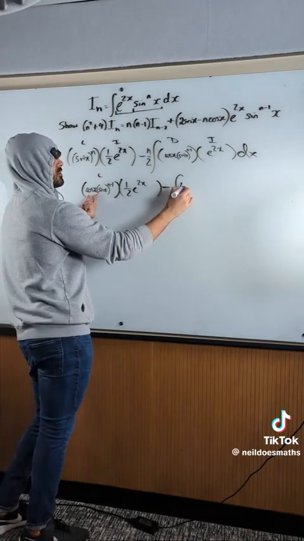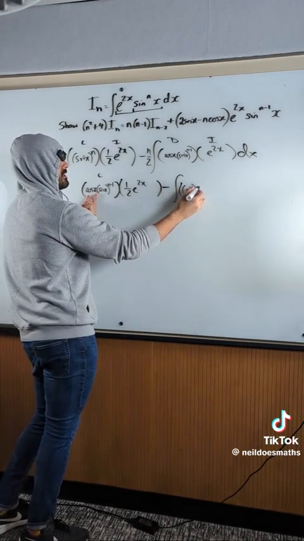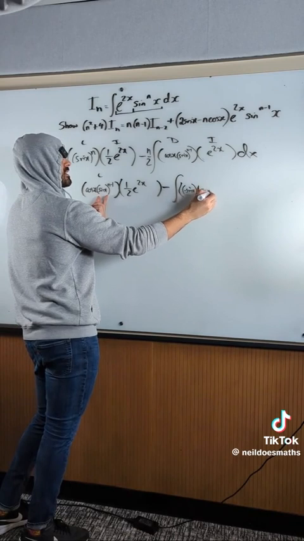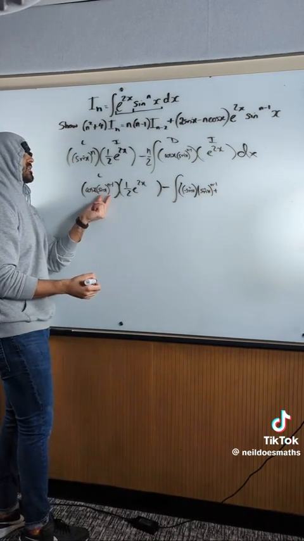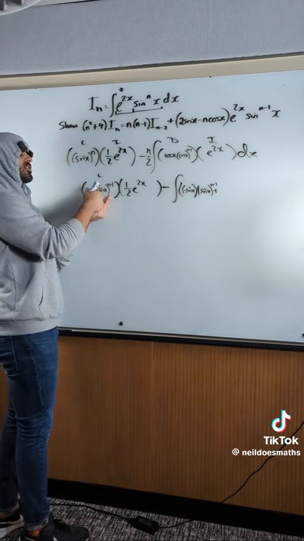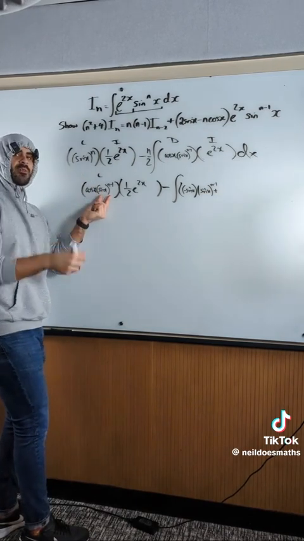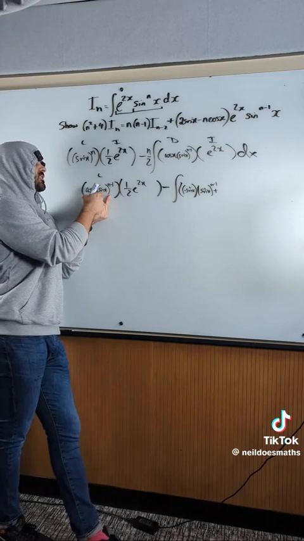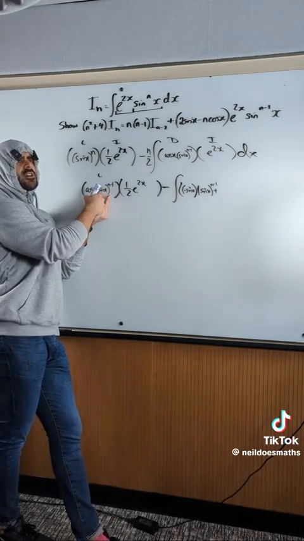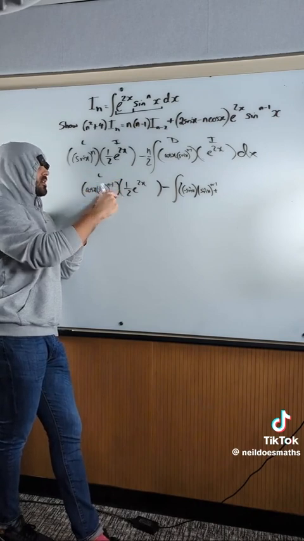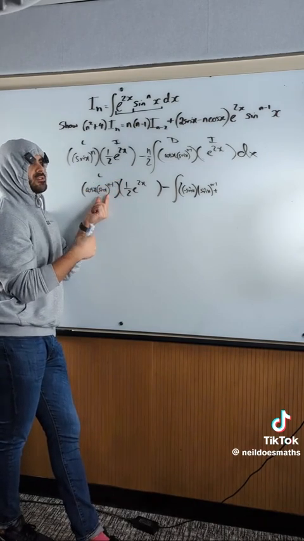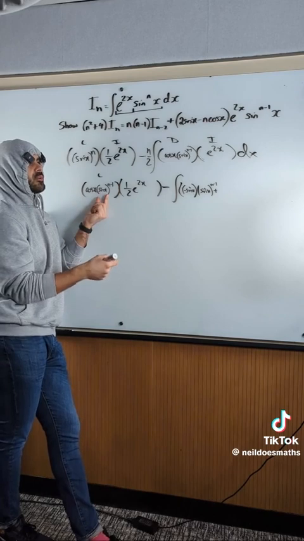Differentiate the first term, cos differentiates to minus sine, times the second term, sin x to the power of n minus 1, plus, differentiate the second term. Well, you differentiate what's inside. I'm going to do this all in one, just listen to what I'm saying. Differentiate this is cos. Then you bring down the n minus 1, so you have n minus 1 cos of this to the power of n minus 2, because you're knocking one off the power.